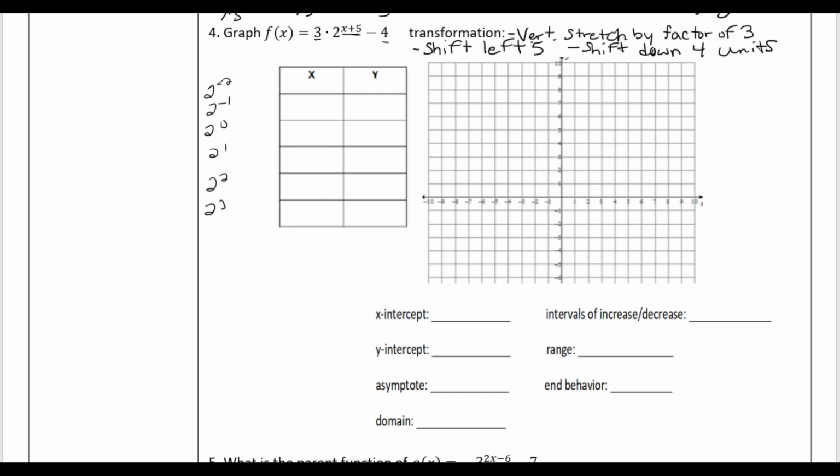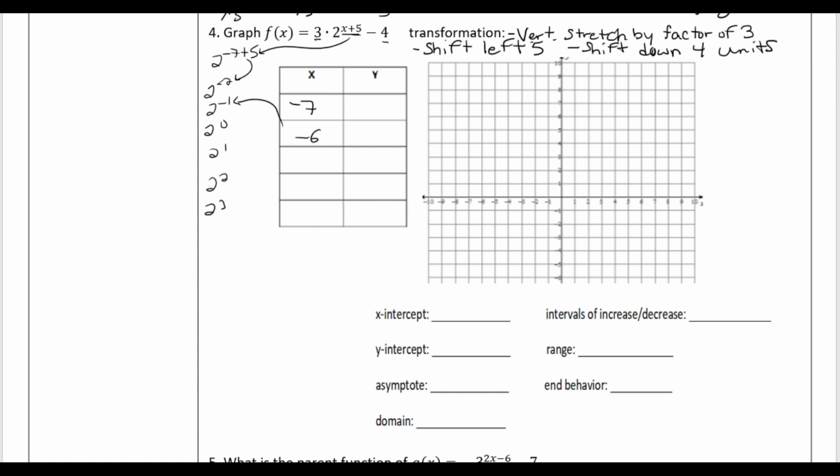So in this case, the only way we can get negative 2 here is if x is negative 7. If x were negative 7, then you would have 2 to the negative 7 plus 5, and that will give you 2 to the negative 2. If x were negative 6, then that would give us 2 to the negative 1.